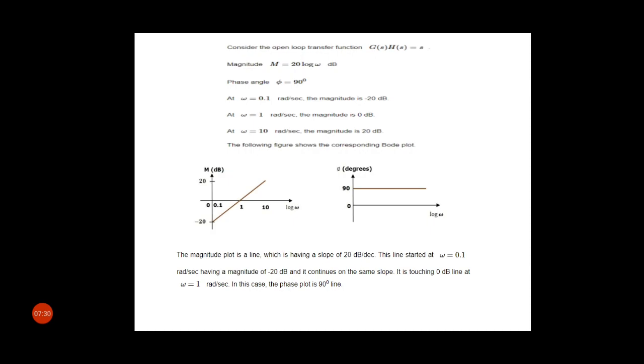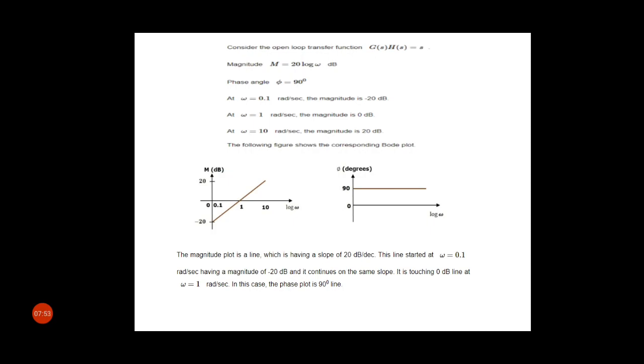Now we consider the open loop transfer function G(s)H(s) equal to s. That means in this case our zero lies at the origin.